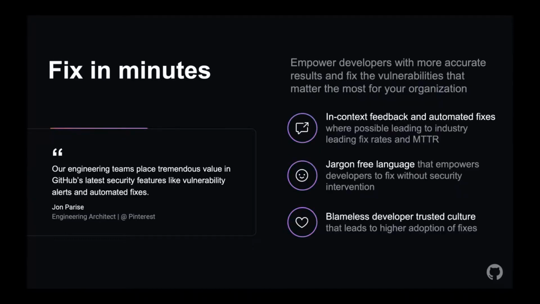And that is the friction that we are trying to avoid and make developers really, really happy. The third thing we say is fix in minutes. So for every finding, you will be empowered with clear visibility into the origination of the bug or the secret or the vulnerabilities. In fact, for findings that GitHub can automatically fix, we will actually create a pull request and give you compatibility scoring to let you know if any code changes could cause functionality issues.